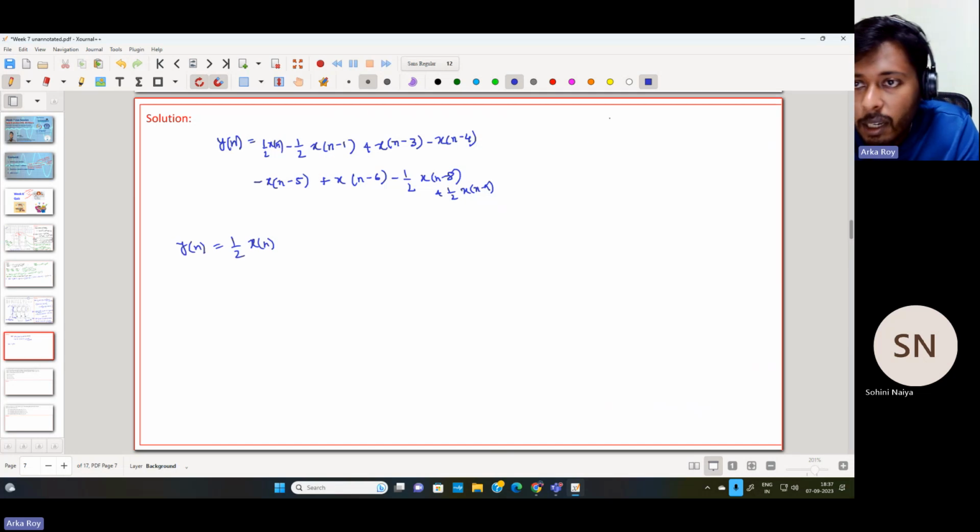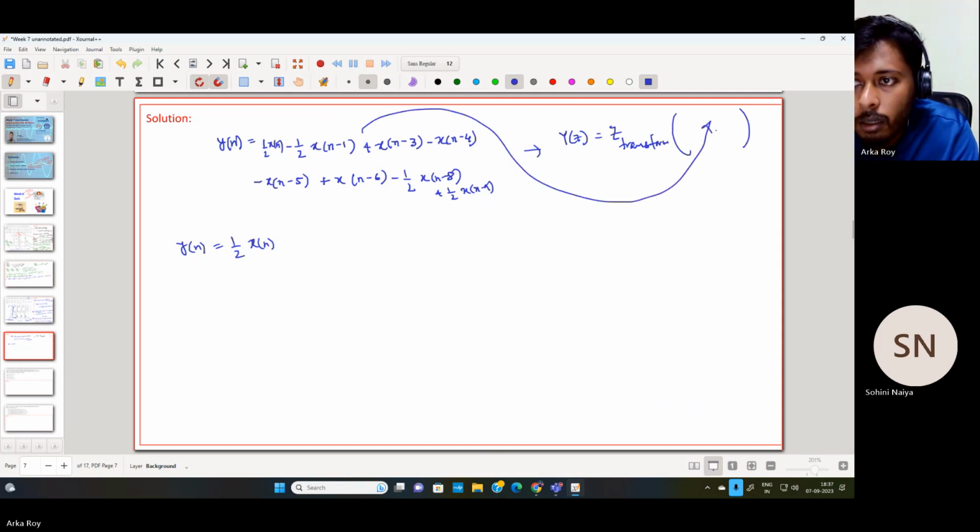To get h of n, I can take Y of z, and over here I will also take the z transform of this whole thing. So I will get Y of z equals P of z multiplied with X of z.